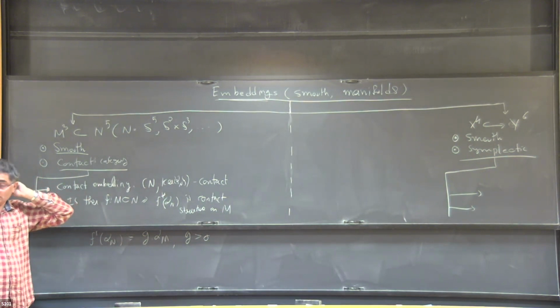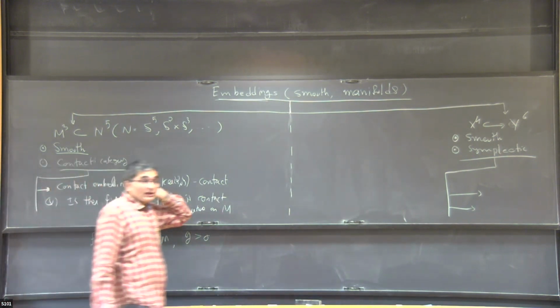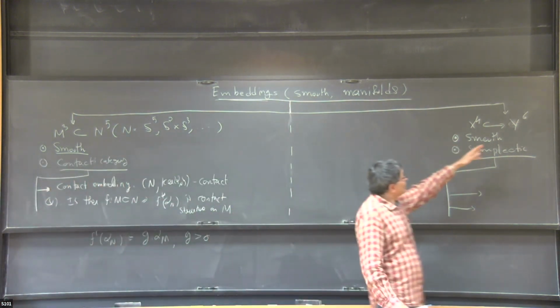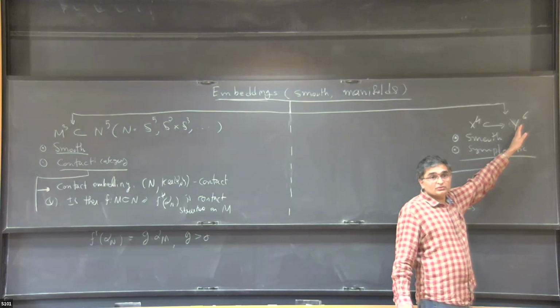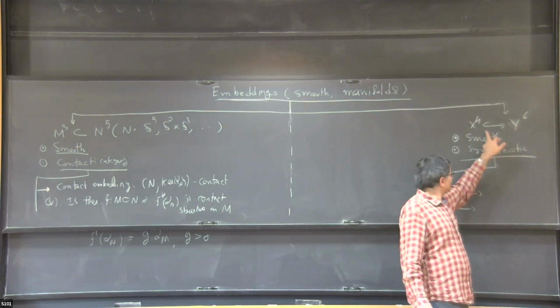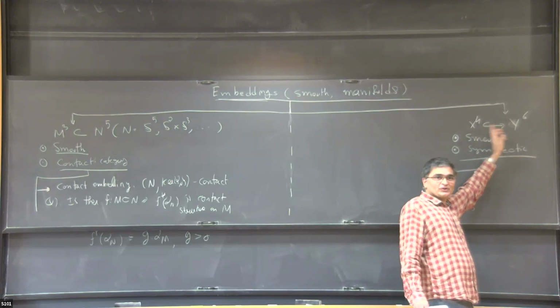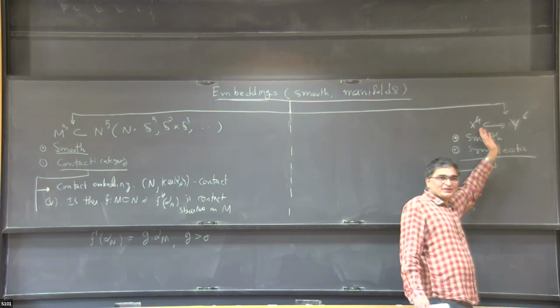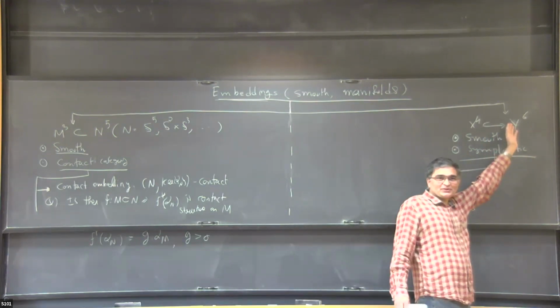In both cases, you're free to choose the symplectic or contact structure on the target. Whichever manifold you take, it has to be meaningful, because of course X embeds in X cross some manifold.